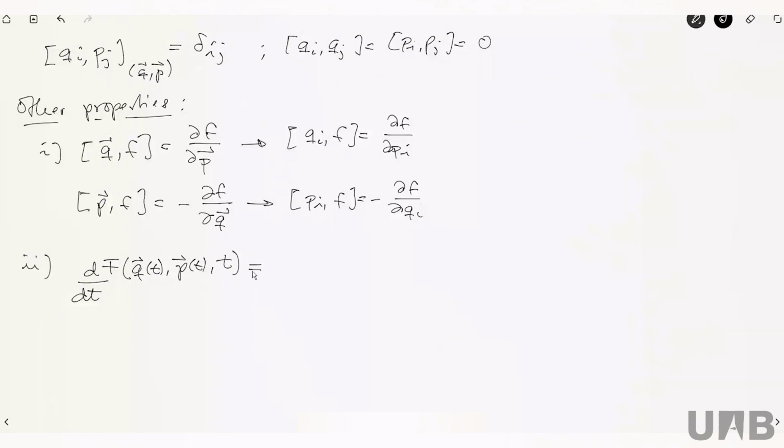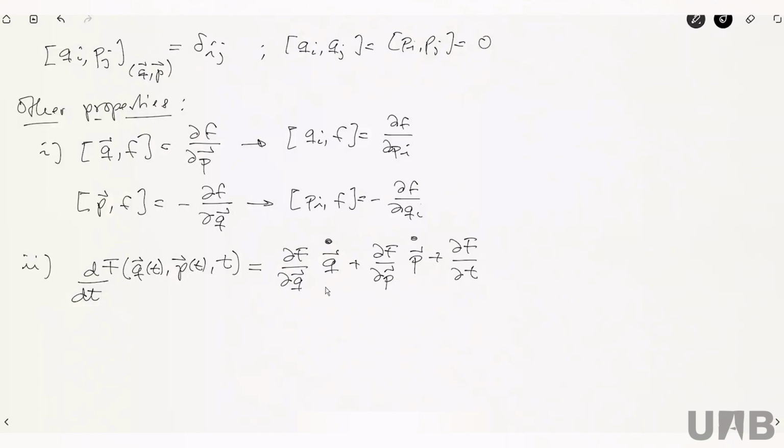Okay, so the chain rule says that this is the derivative of f with respect to q times the derivative of q with respect to time, which is what we call q dot, plus the derivative of f with respect to p times the derivative of p with respect to time, and finally the explicit time dependence. That's the chain rule.